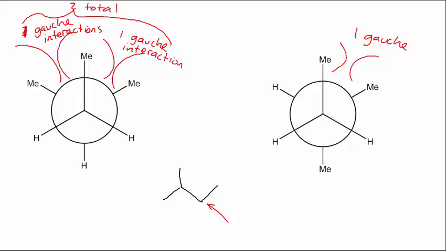So, the situation on the left is when you got on the subway and you were sitting there, and then someone sat down to the left of you and someone sat down to the right of you, and both of them kind of leaned in your direction. Unfortunate situation. So that's worse than just having that gauche interaction on one side. So the point is, 2 gauches are worse than 1.